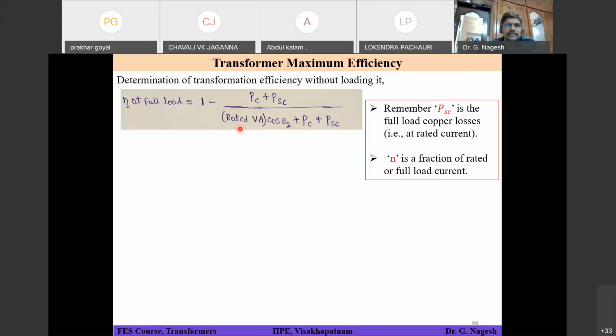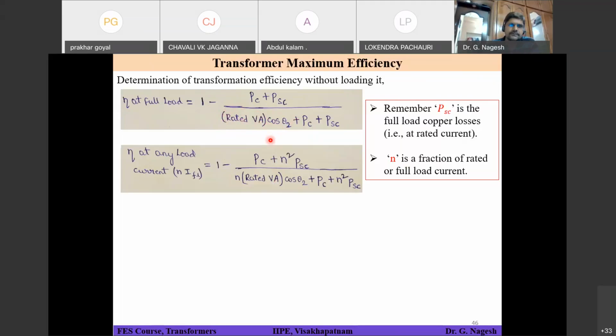In this formula you are seeing V into I. V is the rated voltage, I is the rated full load current. When the current on the secondary is some fraction of full load, that means N into IFL, so the output will be N into rated volt amperes into cos of theta 2. So the N term will get multiplied to this.